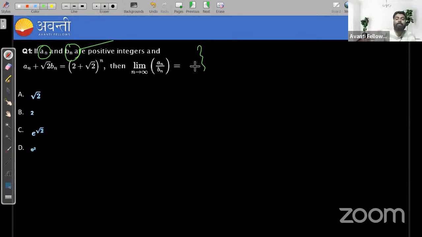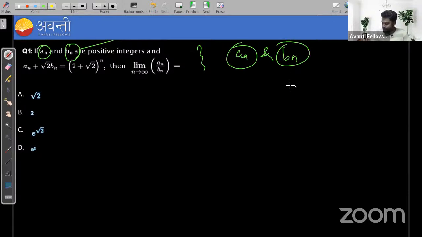So let's see, it is given in the question that an and bn both are positive integers.